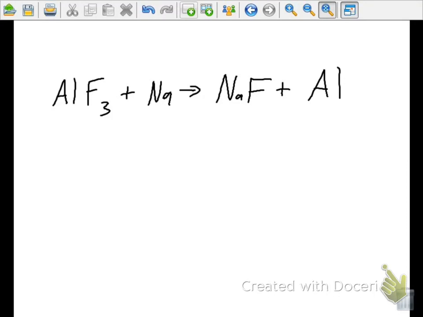So this is another one. Just go ahead and write the charges out. Determine what's oxidized and what's reduced.